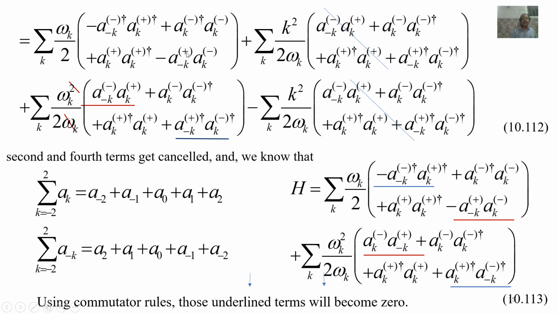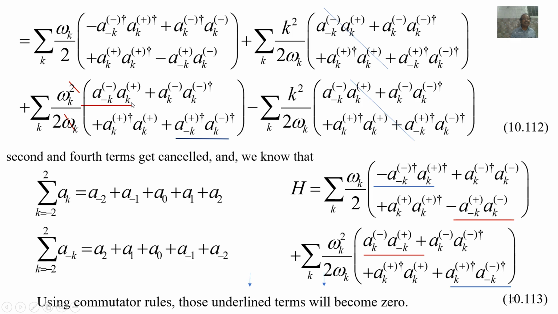Look at the first term in the third term: it is a_minus k minus a_k plus. Look at these two terms. That can be simplified as AB minus BA. See here, but minus k here, it is plus k; here it is plus k, it is minus k.